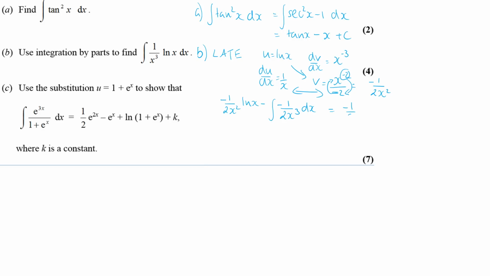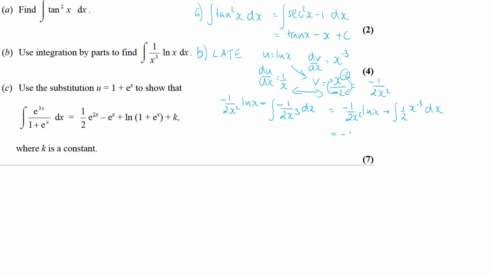So that's minus 1 over 2x squared, the ln of x, and then these minuses, let's make them a plus, the integral of a half x to the minus 3. Just bring that x cubed up, but leave the half underneath.